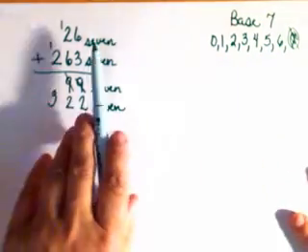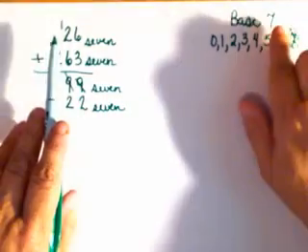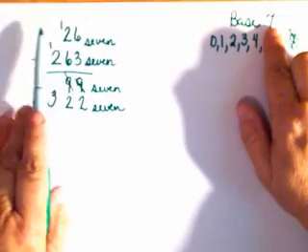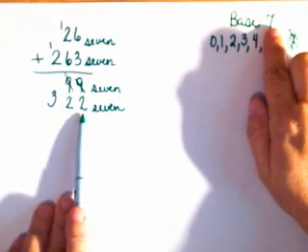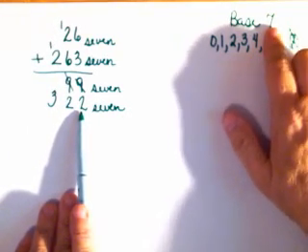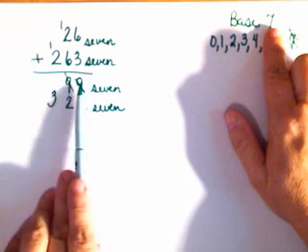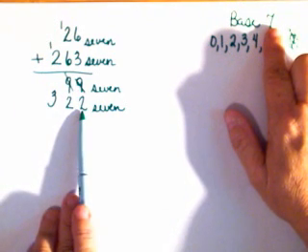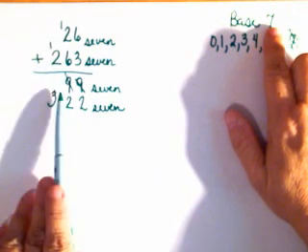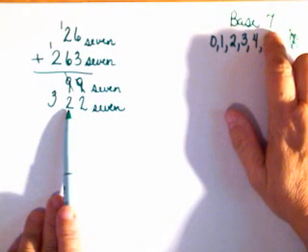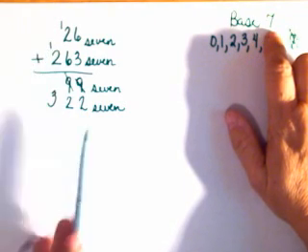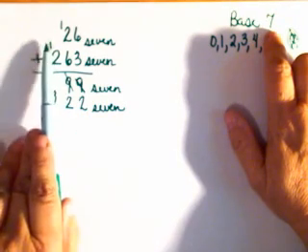Just remember, whatever the base is, when you carry it, you're carrying 7. And then you write down what the remainder is once you take that 7 away. So this was 9, so 9 minus 7 is 2. Then when I added here, I got 9. And again, 9 minus 7 will be 2. And I had to carry the 7.